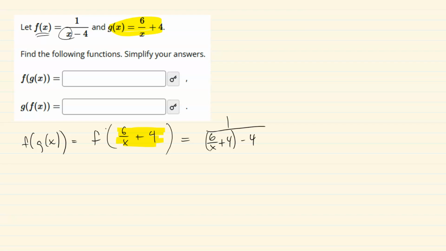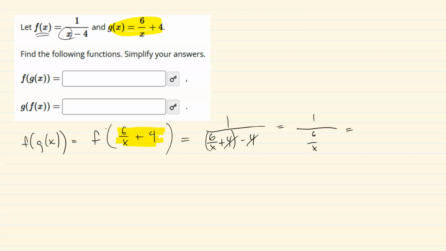The next most difficult thing, which is not too bad for this one, is simplifying this into its most simplified form. So we're going to have 1 over, just take one step at a time, and the parentheses aren't doing anything here. So we're actually going to do the 4 minus 4, and they're going to cancel each other out. So we're just left with 6 over x.